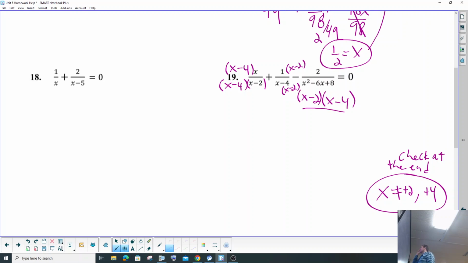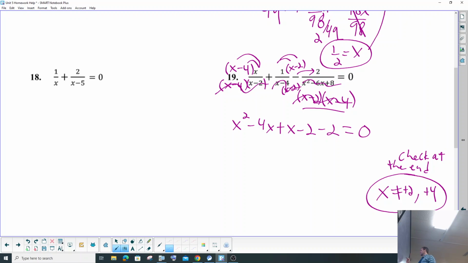So now we have a common denominator. x times x is x squared. x times negative 4 is negative 4x. Plus 1 times x is x. 1 times negative 2 is negative 2. And then minus a 2 equals the right side, which is 0.